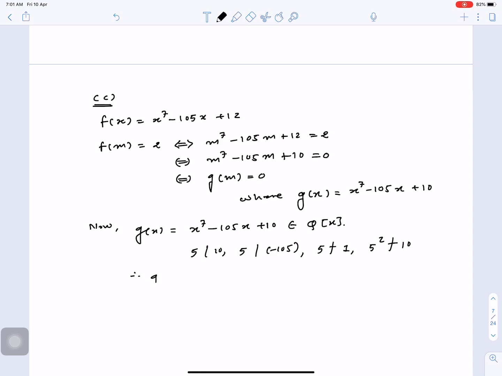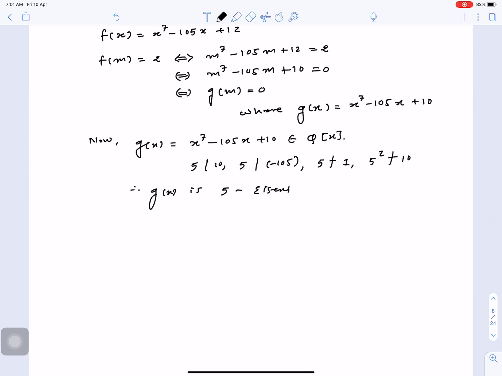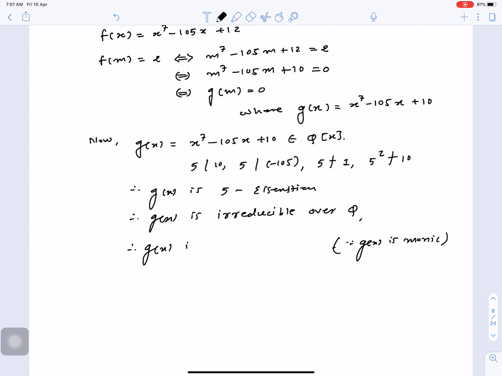So therefore g(x) is 5-Eisenstein. So therefore g(x) is irreducible over Q, and g(x) is also a monic polynomial. So therefore g(x) is irreducible over Z also.